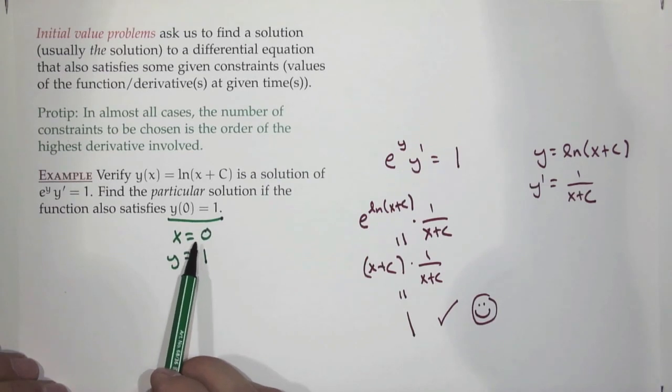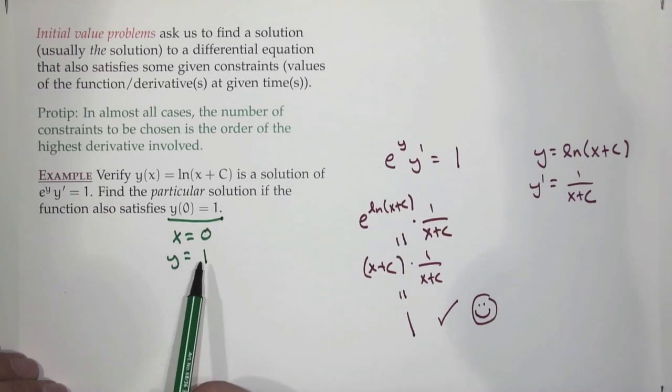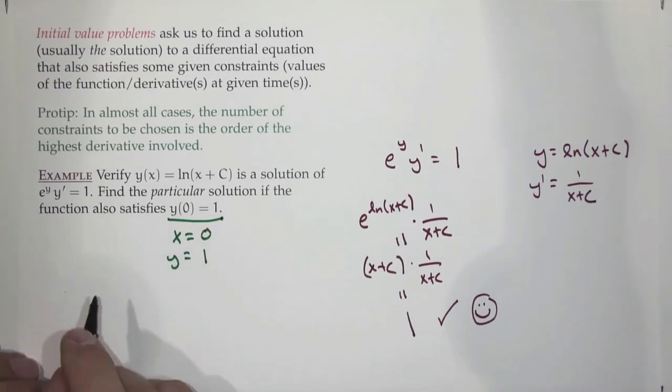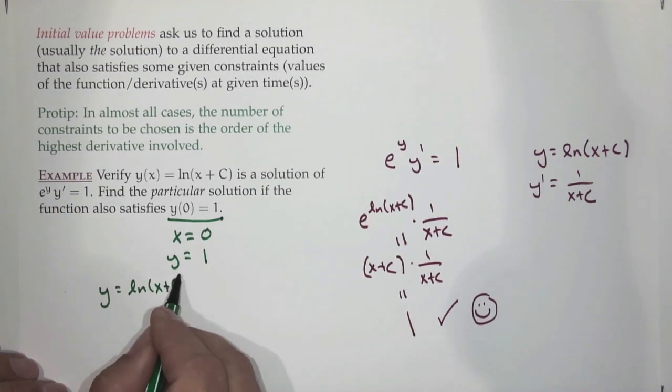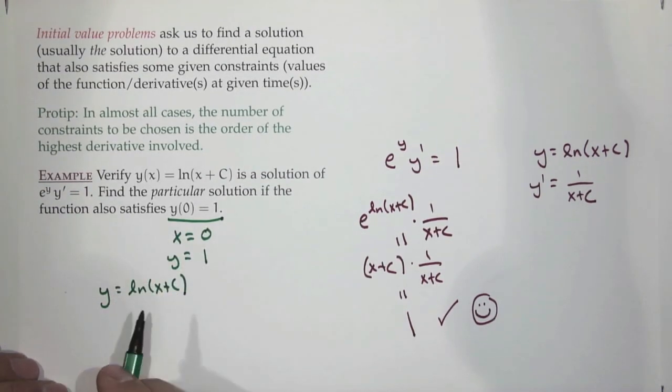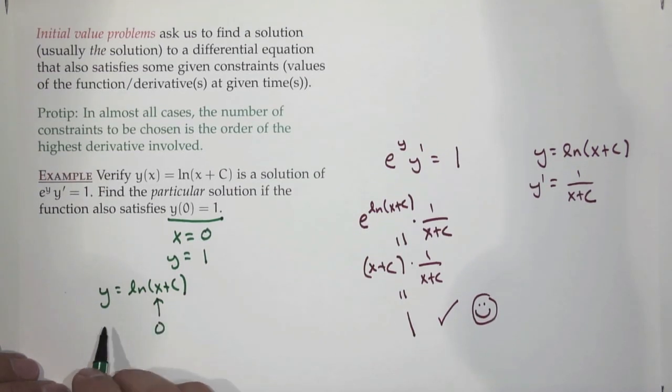So the way you should see this is when you put in x equals 0, the output for y is the number 1. So when you come to your function here, y equals natural log of x plus c, the way you use this is you say, all right, we're going to put in 0 for our x, and we're going to put in 1 for our y.